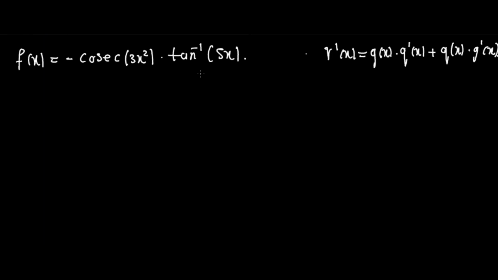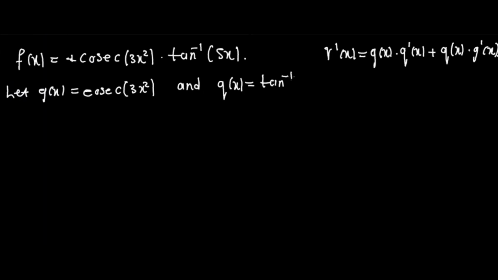So now let g of x be cosec 3x squared, and q of x will be equal to the arctangent of 5x.